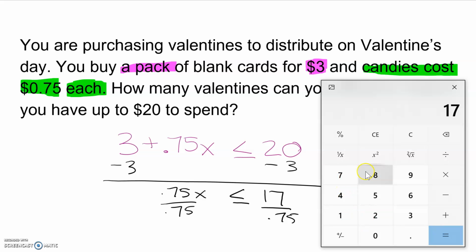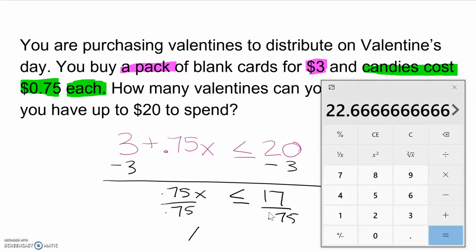So I have 17 divided by 0.75. I get x has to be less than or equal to 22.6 repeating.